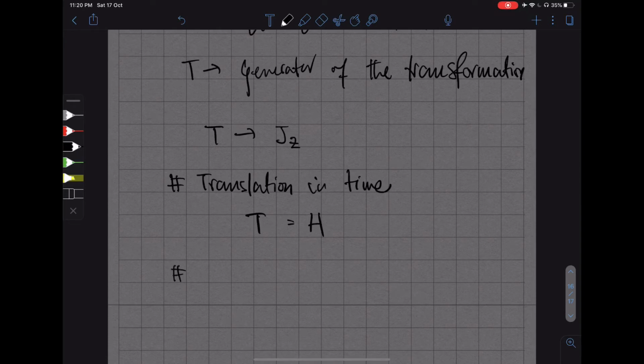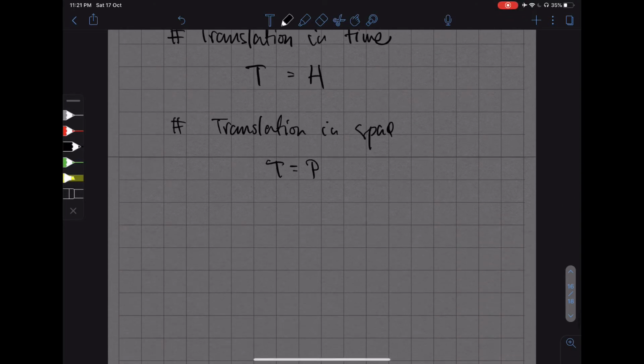Again, for translation in space, T will be given by the momentum operator. And lastly, for rotation, T will be given by the angular momentum operator S or L.